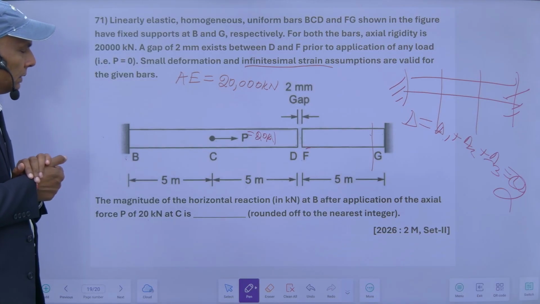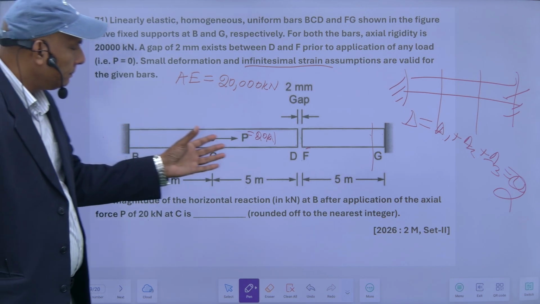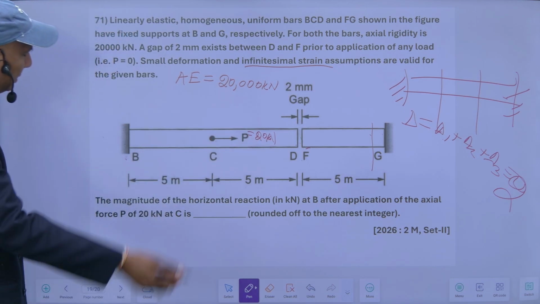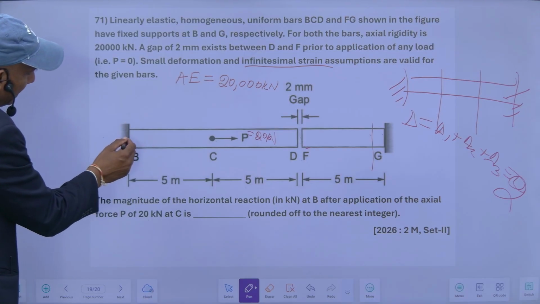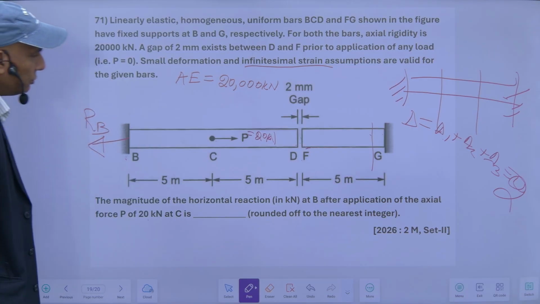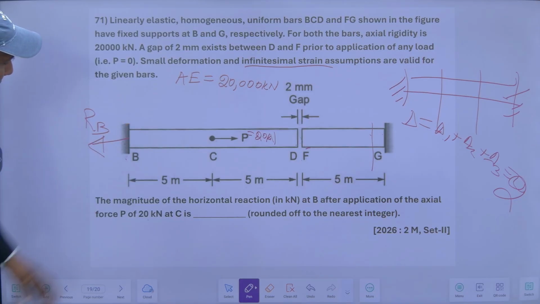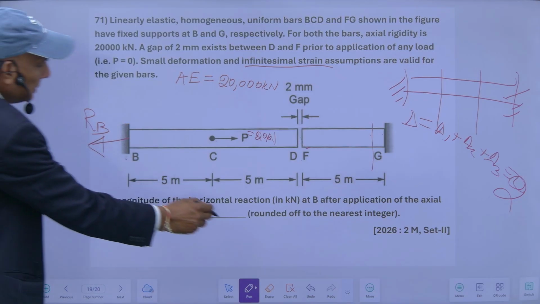Now for finding this, suppose I have to draw the free body diagram of this one. Suppose there is a reaction of RB here, any direction you can assume. So if I draw the body diagram here, this will be like this.